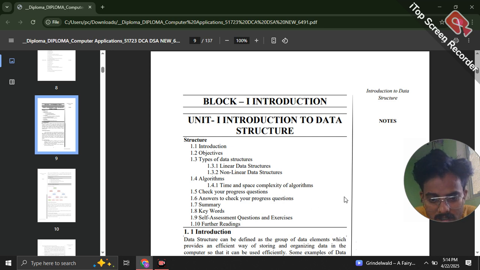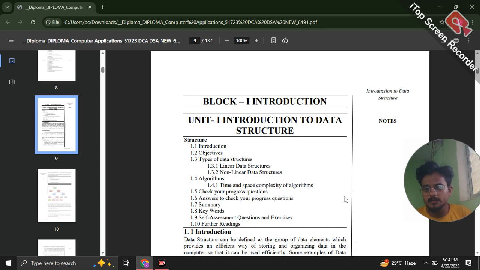as given there, data structure can be defined as the group of data elements which provides an efficient way of storing and organizing data in the computer. It is nothing but the way of storing the data, okay, and organizing means something is stored. For example, some vegetables are stored in a bucket or in a container, and after that the onion will go in onion category and the potato will go in potato category.